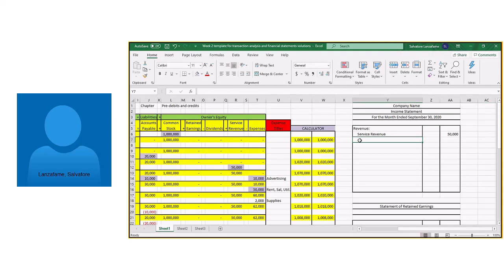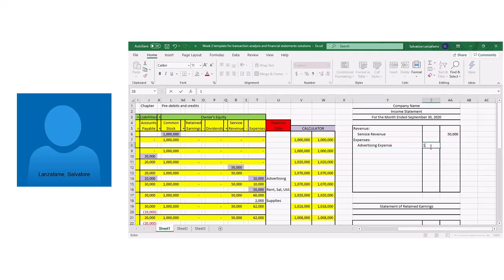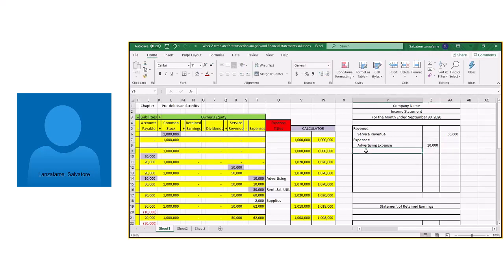And then my expenses. If you remember, we had advertising expense, and that was $10,000. And then we had this crazy combo thing, which is totally unrealistic: rents, salaries, and utilities expense.